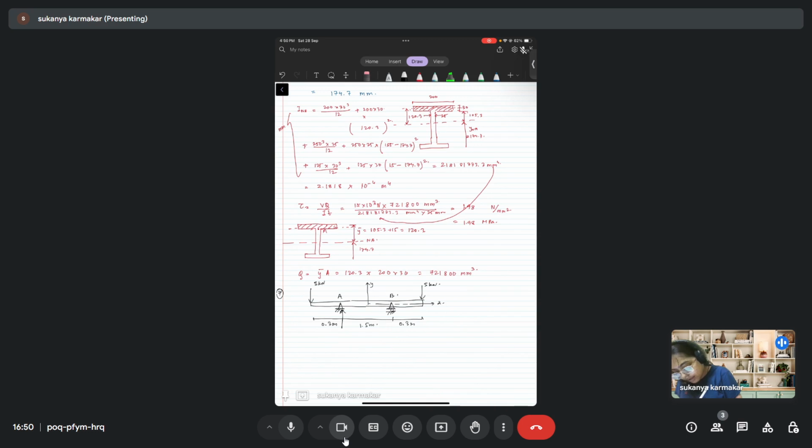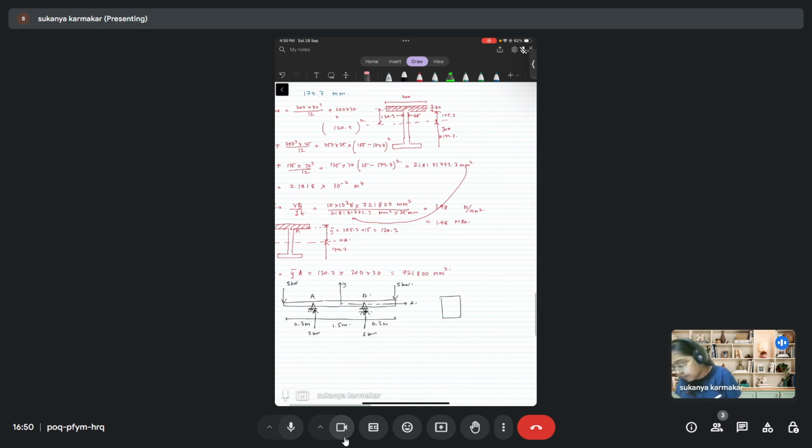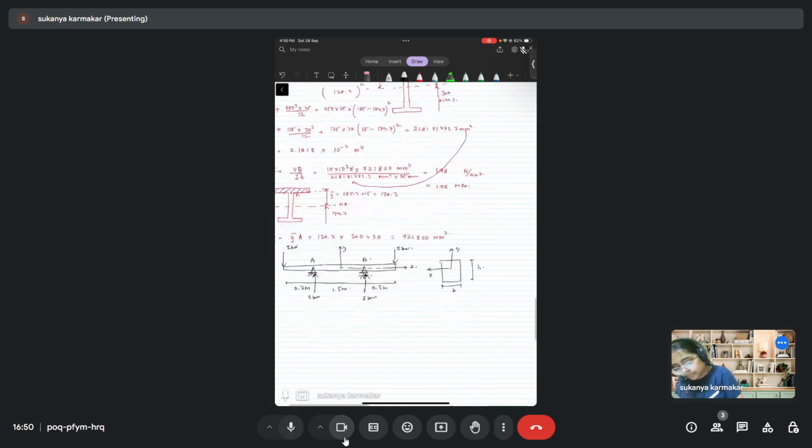So we know that the system is symmetrical, and just by looking I can tell the reactions are 5 kilonewton and 5 kilonewton. And here the cross section of the beam is given. I'm drawing an exaggerated view. This is the y axis, this is the z axis. This is the height h and the width b.